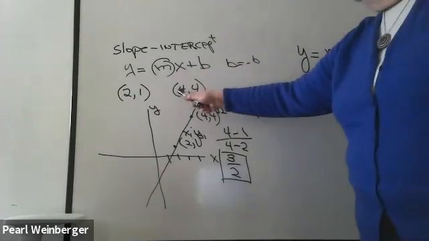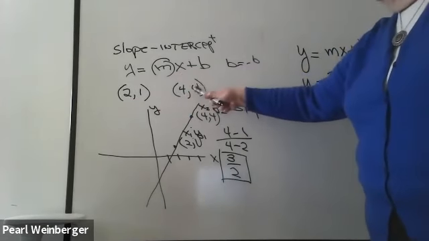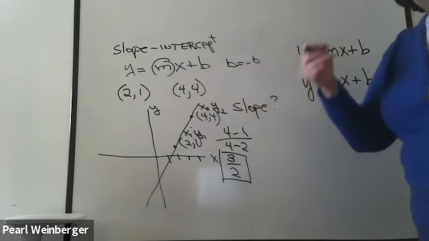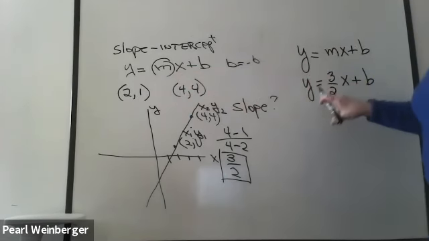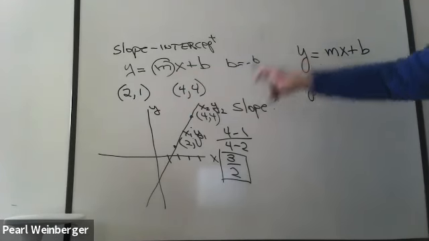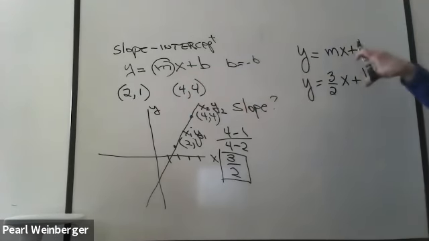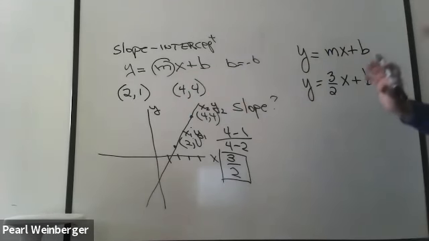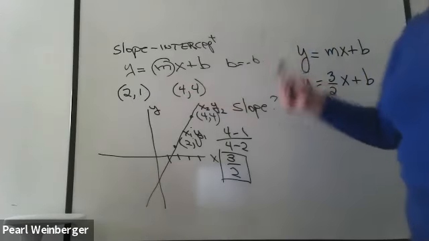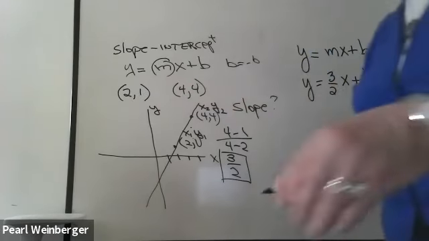If I put 4 for x and 4 for y, the equation is true. That's what the equation tells you. Every point on the line fits the equation. It makes the equation true. So I can take any point on the line and fit it into the equation.